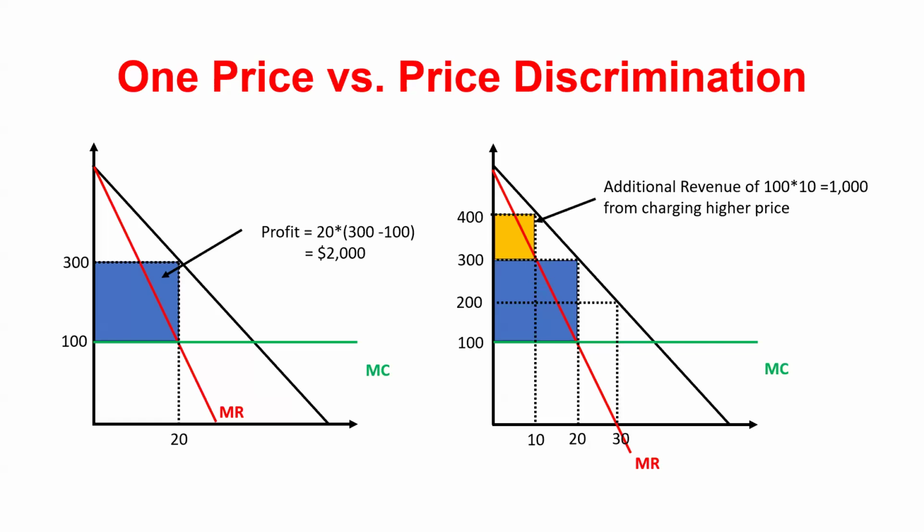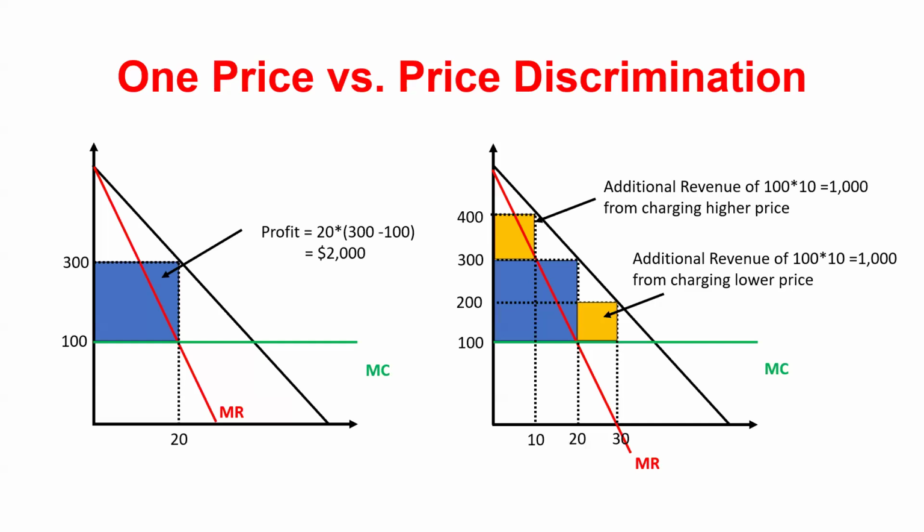So before I wasn't selling these units. How much additional money am I now making? That difference between my price and marginal cost times those next 10, I'm making an additional $1,000 off of those consumers as well. So with price discrimination, even if it's not perfect, I will sell more units and I'm increasing my profit, or I'm increasing producer surplus.